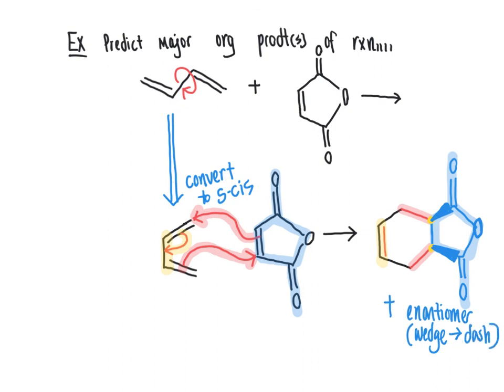Just whatever you do, you don't want to make the trans configuration of this. So the bonds that are going to the 5-membered ring need to be in the same orientation, meaning both wedges or both dashes or both lines, because of the fact that they are cis here in the starting structure. So do keep that in mind, that even when you have these weird ring systems, you still have to pay attention to the stereochemistry, because you are creating the stereocenters here and here in this reaction.